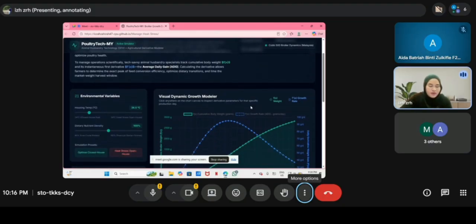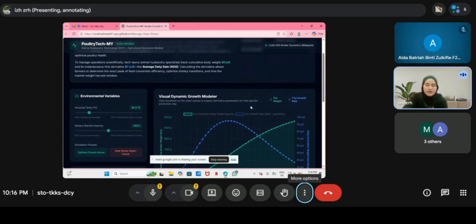Our interactive web application simulates these dynamics specifically for the Cobb 500 broiler, a standard genetic profile used widely in Malaysia. The application uses a base dataset beginning with a standard 42 gram day 0 chick weight.